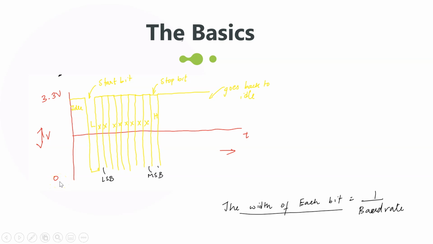That's the basic difference between the traditional RS-232, wherein the voltage varies from plus 12 to minus 12, and the band between minus 3 volts and plus 3 volts is actually the gray area. That's where it's very immune to noise.